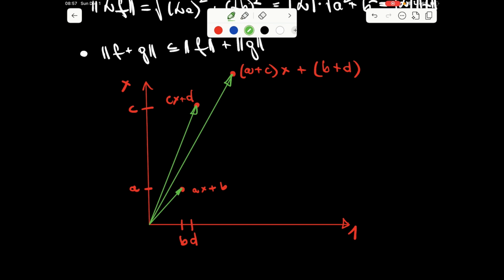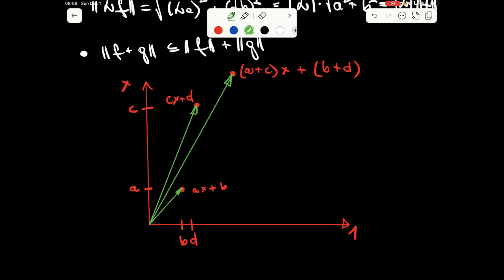The triangle inequality means that the sum of the length of two vectors is at least as high as the length of the sum of the vectors.